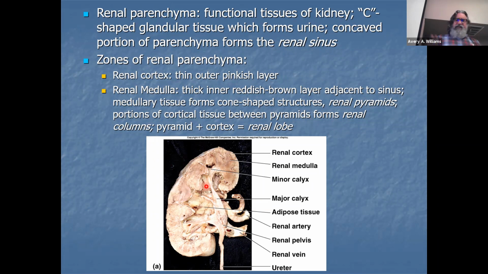So it's not pure pyramids, I should say, but there are portions of the cortical tissue that dip down between the pyramids. And that cortical tissue that's between the pyramids, that's what forms the renal columns.